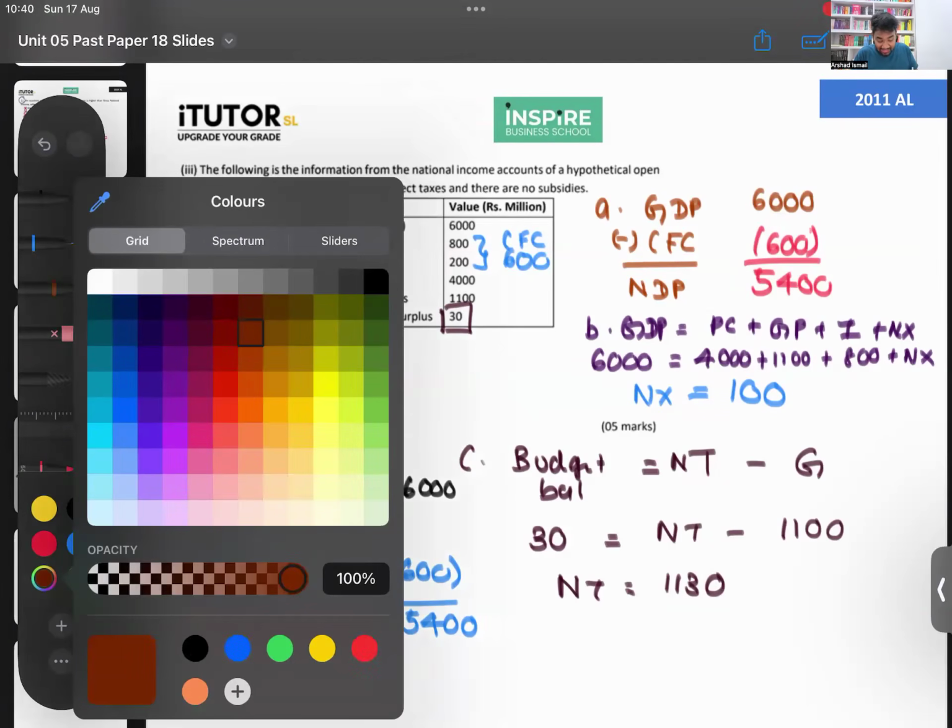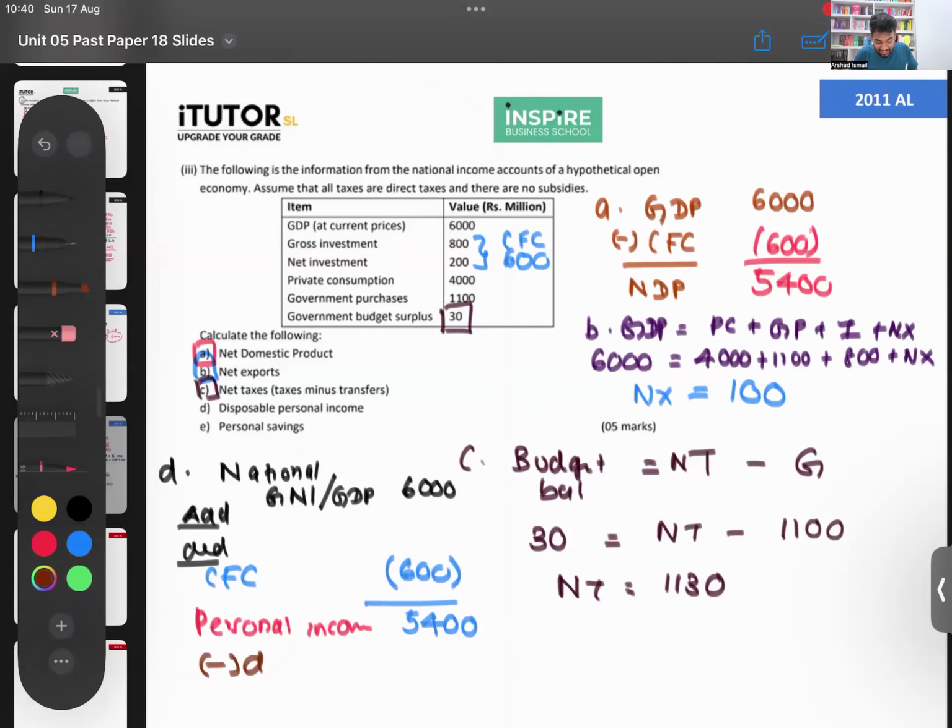You have to deduct any direct taxes. So that is called income tax. Then you get disposable personal income. Now here the problem with the question is, the taxes that you found in part C, they are not saying that all of this is direct tax.